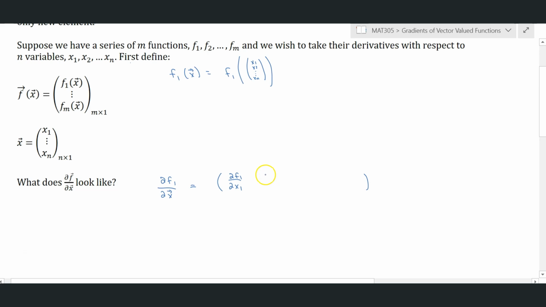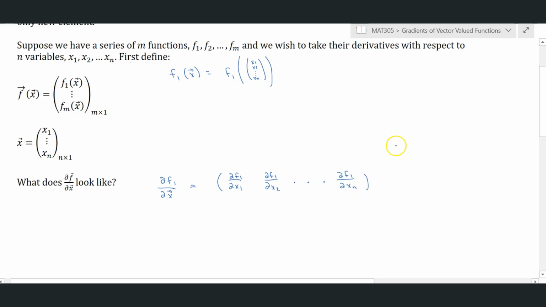And then in the next column, I would like the derivative of that function with respect to the next variable. Of course, I'm going to have n of these derivatives because I have n variables. So at the end I'm going to have the derivative of that function with respect to xn.